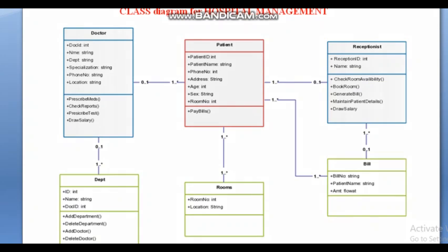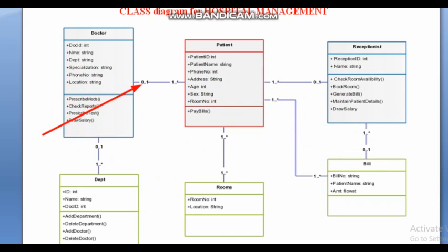Here I would like to highlight in more detail. These are the variables and these are the methods. Every class will have its data types, variables, and its own methods. So they are related to each other.